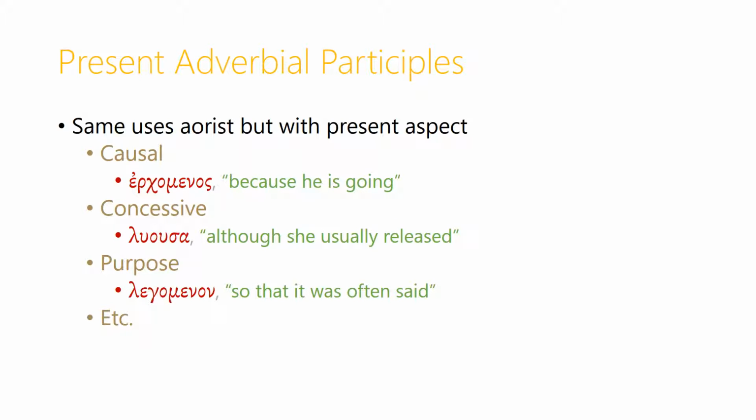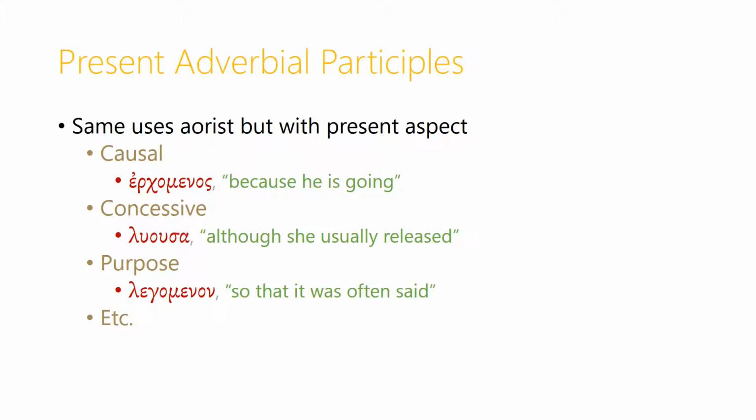Present adverbial participles generally connect to the main verb in the same ways that aorist adverbial participles did. So we can have a causal participle, in which case the participle erchomenos would be translated something like because he is going.